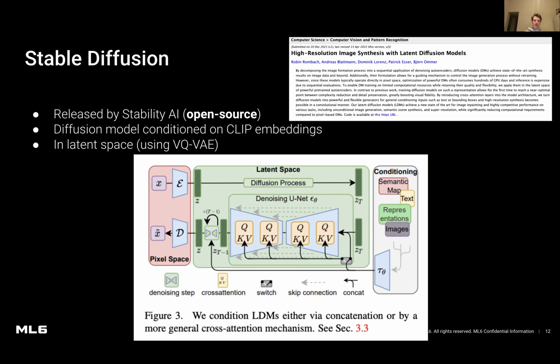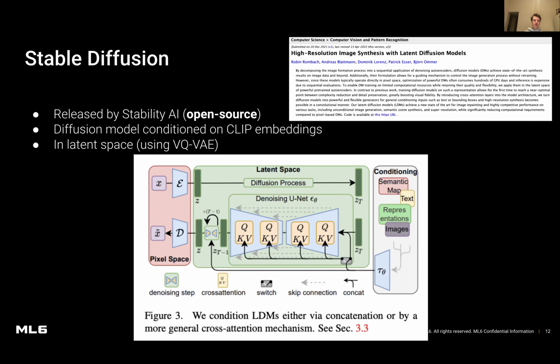The reason they are called latent diffusion models is because they are not trained on the pixel space, so the model doesn't take the individual pixels of an image directly as an input. Rather, it is trained in a latent space using a vector quantized variational autoencoder, or VQVAE.